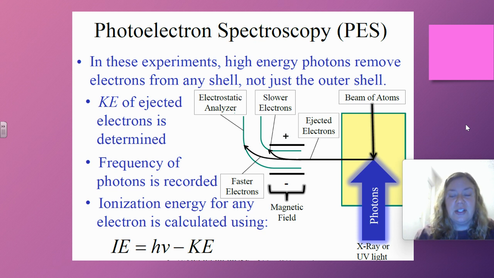That's how we actually get ionization energies of electrons: we have to pull the atom apart, and we figure out how much energy it took to pull those atoms apart. The equation you see at the bottom is ionization energy equals hν minus kinetic energy, where h is Planck's constant, which we will use later on in this semester.